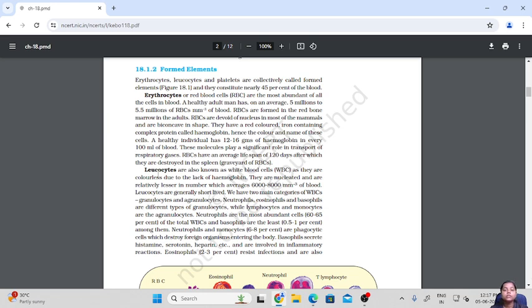They are formed in the red bone marrow in adults, and they are red colored and biconcave in shape. They contain an iron containing pigment called hemoglobin, and hence the name and color are given to these cells.